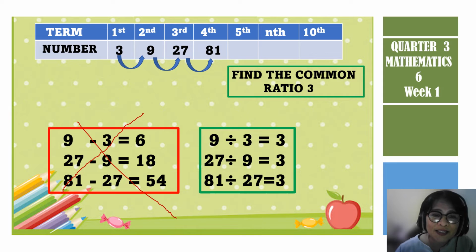So, ang gagamitin natin ngayon ay ang finding the common ratio. So, ang formula or ang ating rule na gagamitin ay 3n. So, exponent kasi diba multiplication. Kaya gagamit tayo ng exponent. Kasi ang ating common ratio ay times 3.